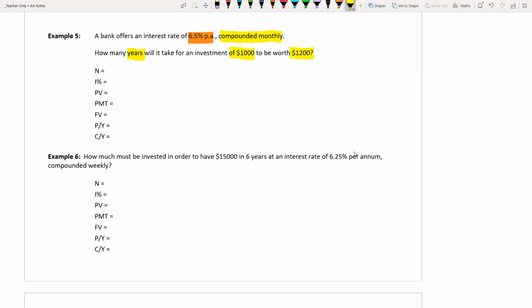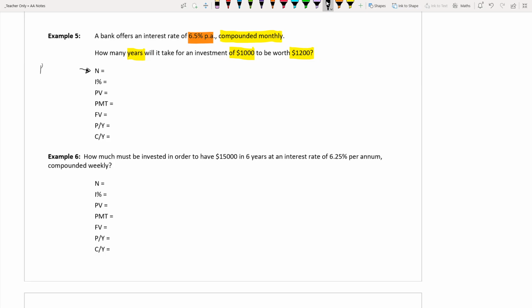So this question feels a little bit different. Number one, it's less writing for sure, but it's also changing what is being asked. Here, how many years will it take? I guess what we want is some sort of measure of this, right?